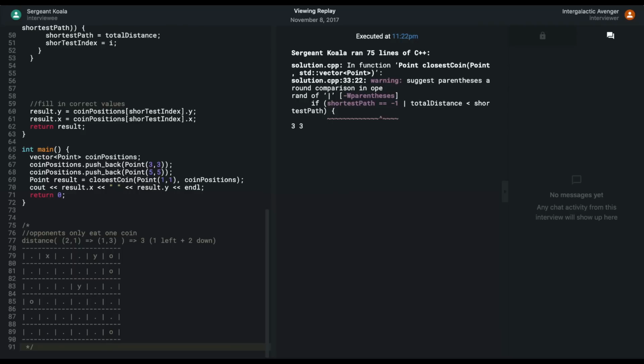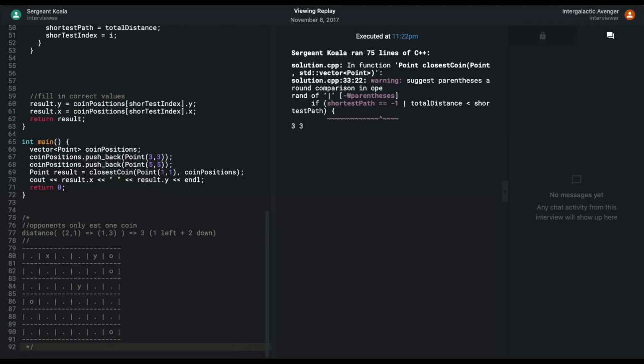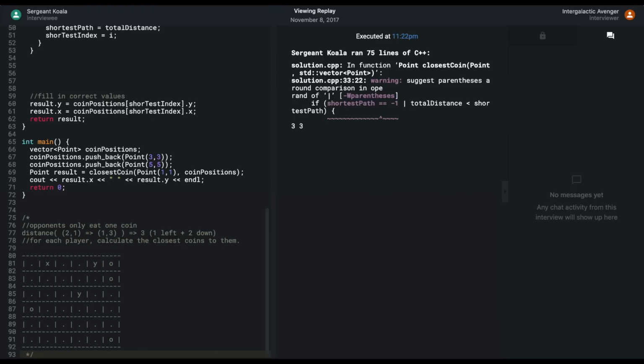Okay. I think I need to, for each player, calculate the closest coins to them, and then I need to iterate through the players and check if there is a player who is closer to my desired coin, and is that coin their closest coin.